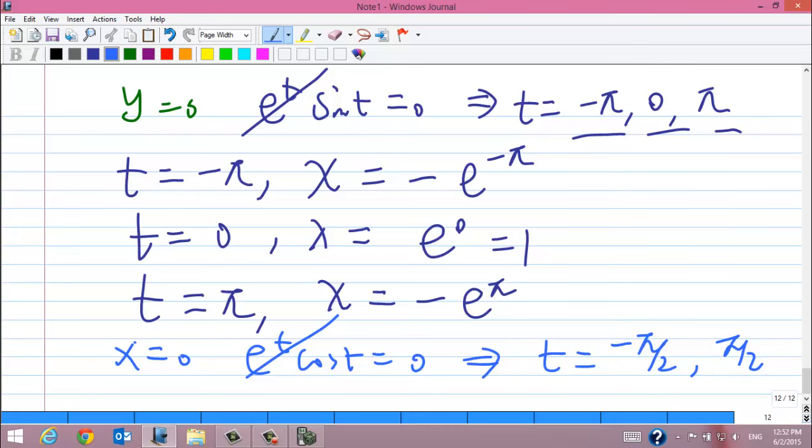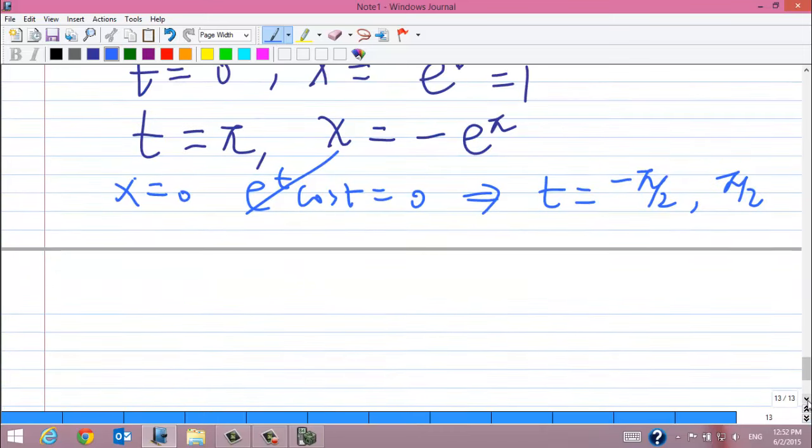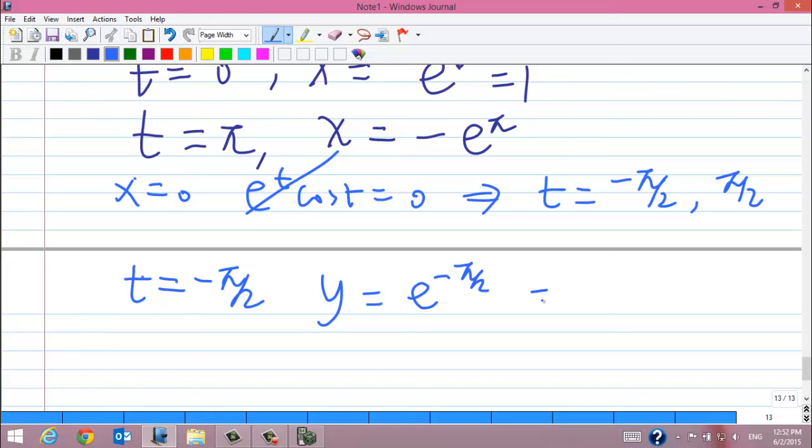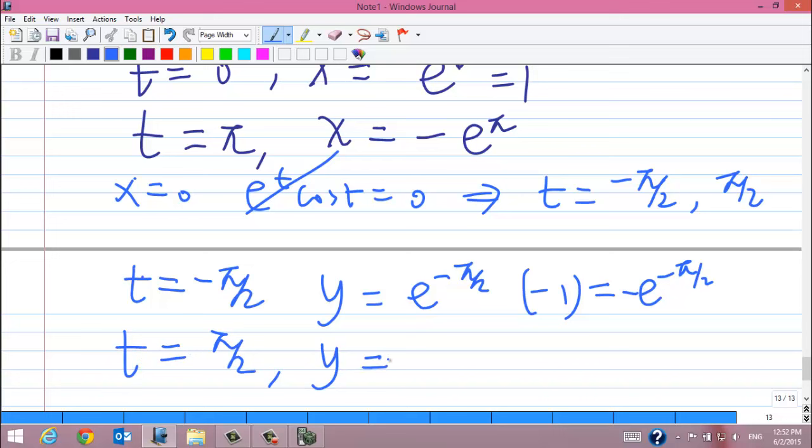So now we need to sub in one by one. t equal to minus pi over 2, y equal to e power minus pi over 2 times minus 1, so it's negative e power minus pi over 2. Just sub into y. Then t equal to pi over 2, so e power pi over 2.